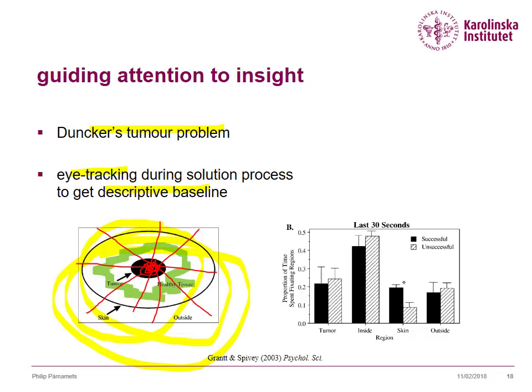And they compared participants who were successful with participants who were unsuccessful at solving the problem, and they found significant differences between how much the participants in the last 30 seconds before solving the problem looked at the skin region of the diagram depicting the problem.